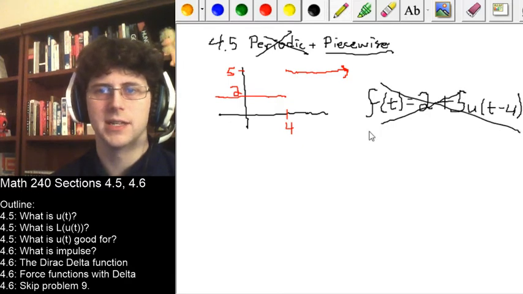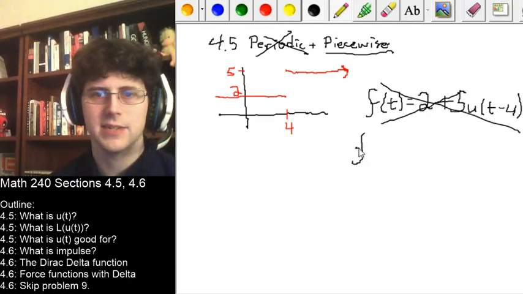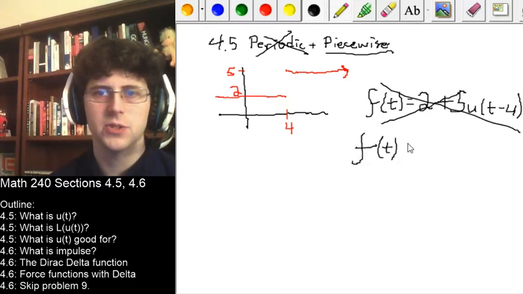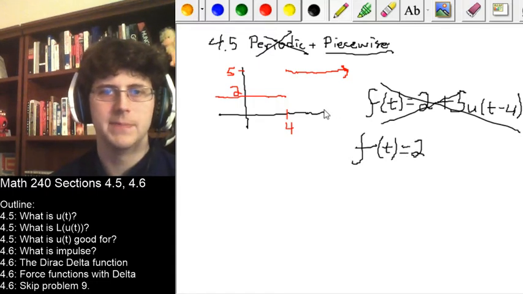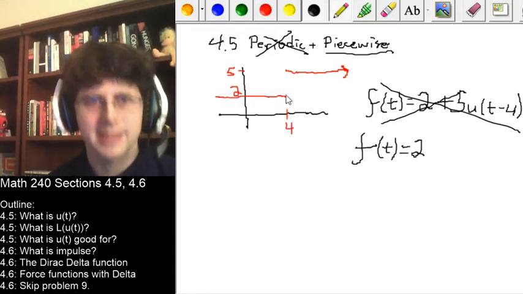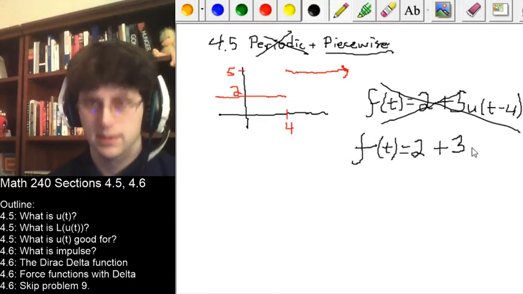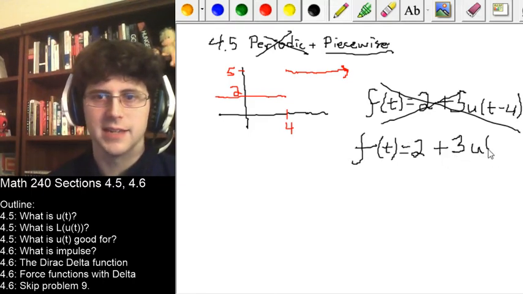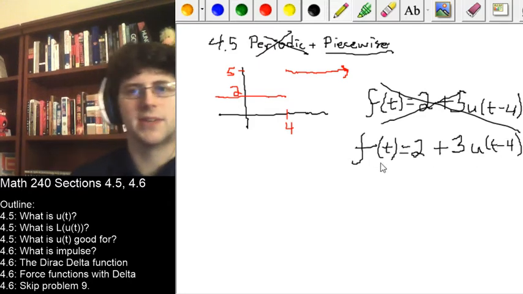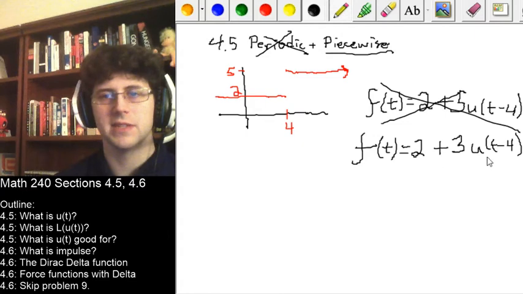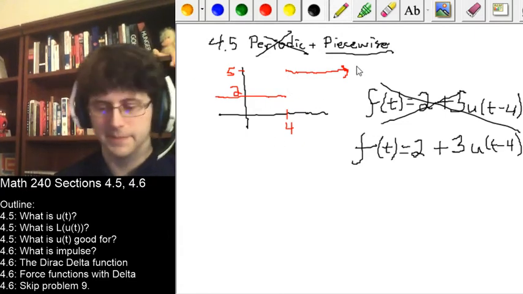So this is no good. Instead, what you want to say is, okay, well, sure, the 2 newtons is working the whole time. What actually turns on at time t equals 4 is 3 more newtons. So we want 3 copies of this like on switch. I'm really sorry about the handwriting. So 2 plus 3 u of t minus 4 gives you this function that starts at 2 and then suddenly turns on and becomes 5.